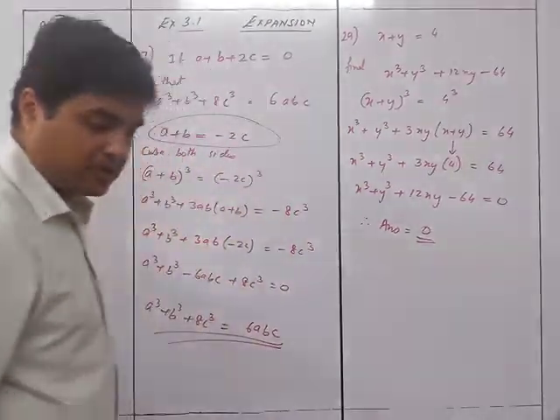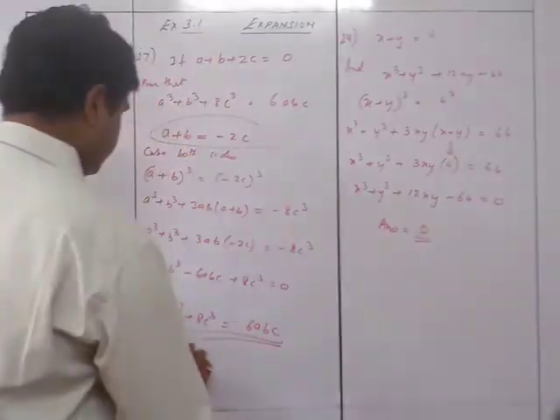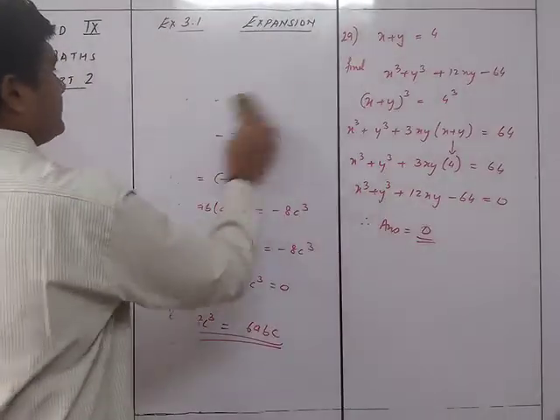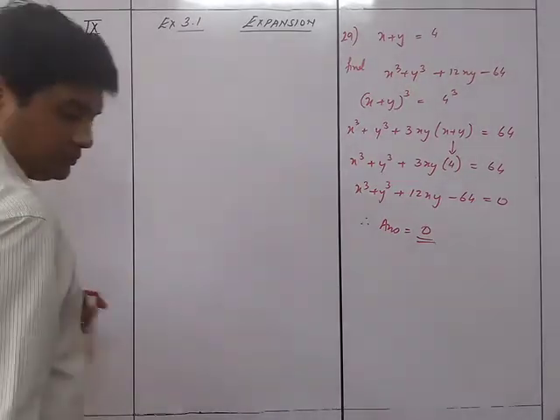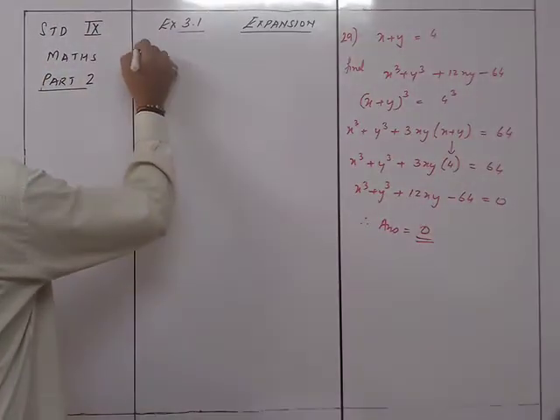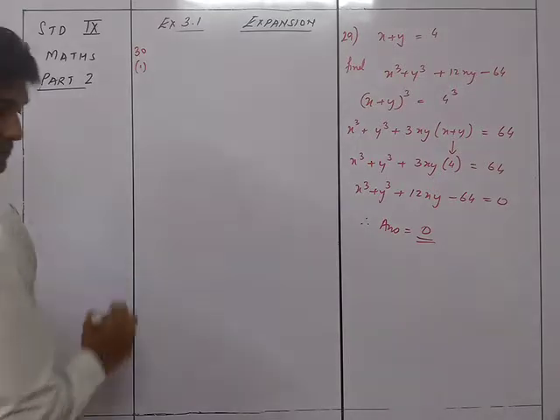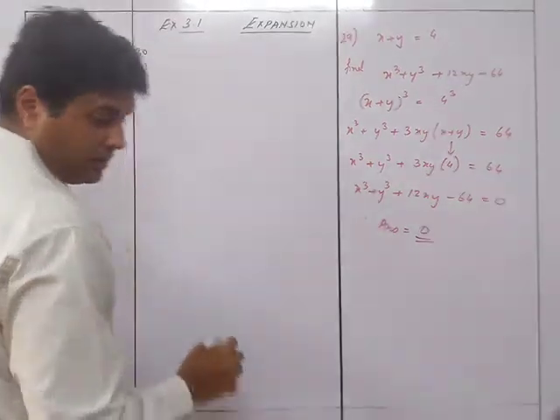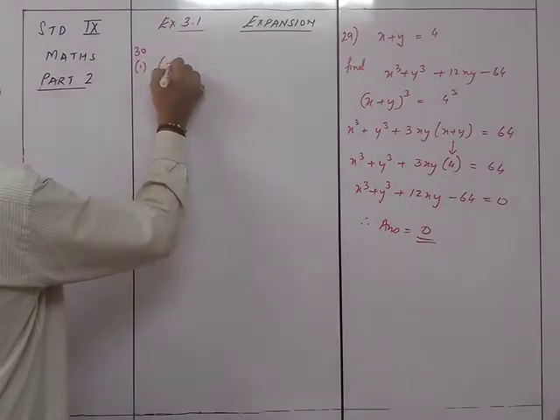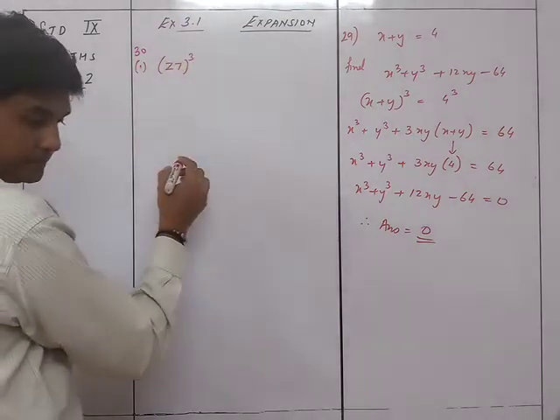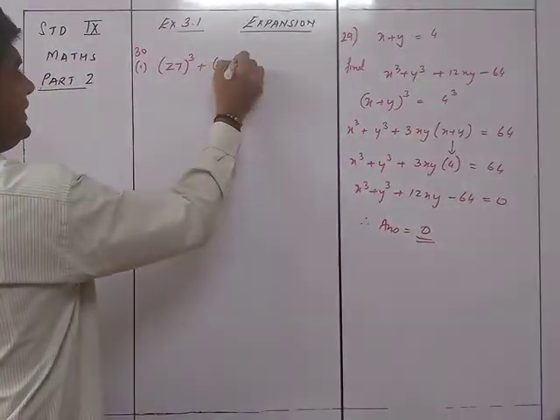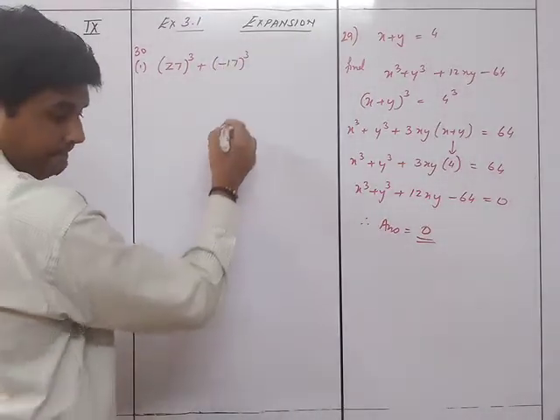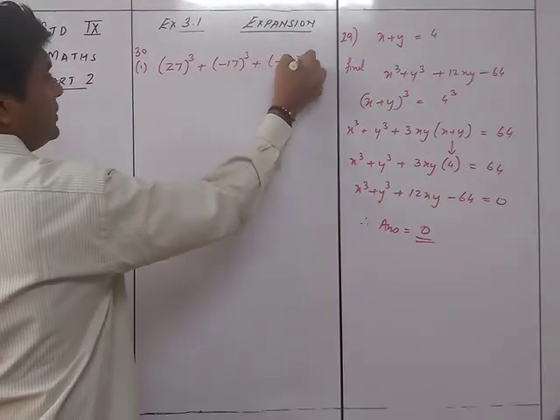We move on to sum number 30, the first one. It is given to find the value of 27 cube minus 17 cube minus 10 the whole cube.